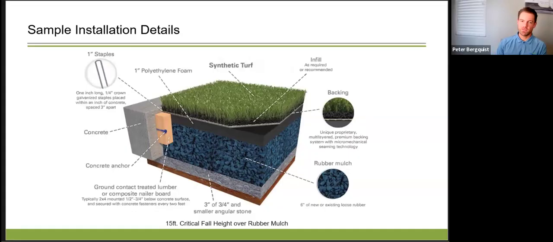So if you have a failing system, maybe that has divots, or it's pitted, or it's cracked over time, similar to the image that we saw earlier, rather than digging it up and installing a new system, you can actually extend the environmental footprint, make sure that it maintains safety standards, but then you can turf right over it. This here is for a 15-foot critical fall height over rubber mulch.